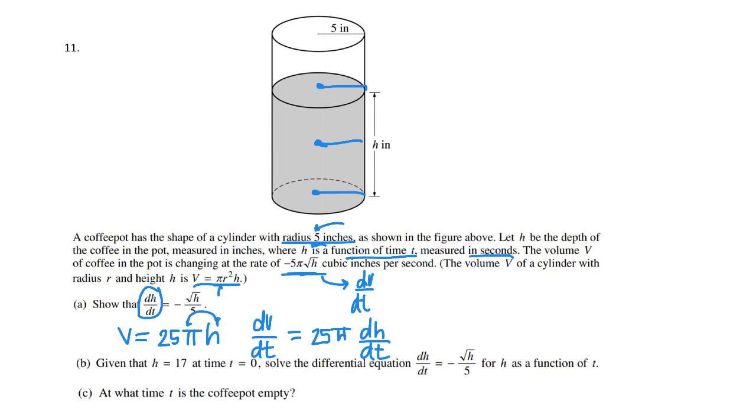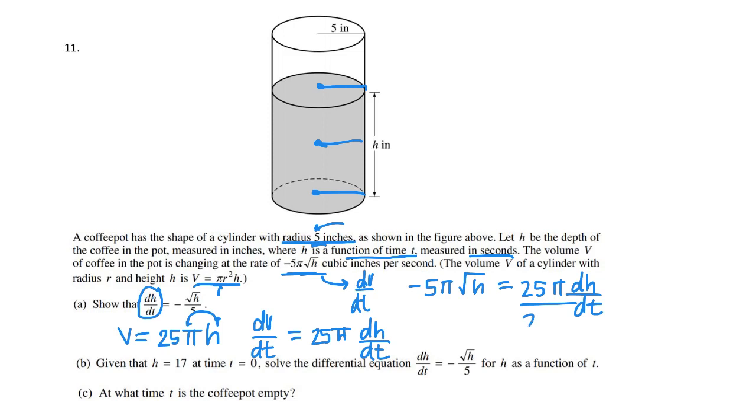We know the rate of change of the volume. We were given that, so let's plug in. So I have negative 5 pi square root of h equals 25 pi dh/dt. And again, remember, we're trying to prove dh/dt is negative square root of h over 5. So I think we're about there.